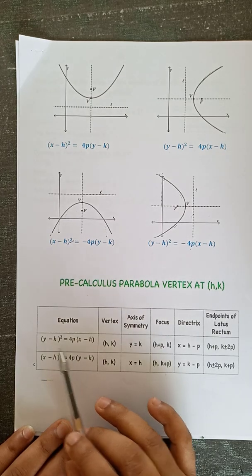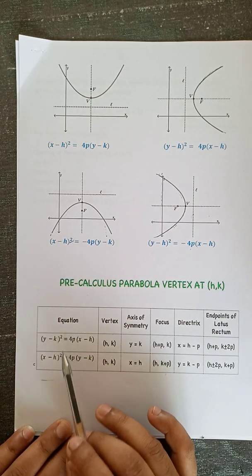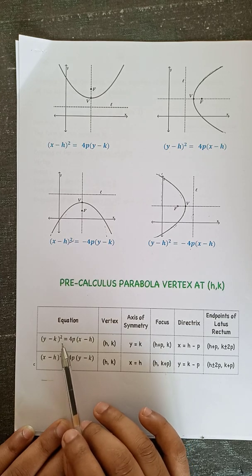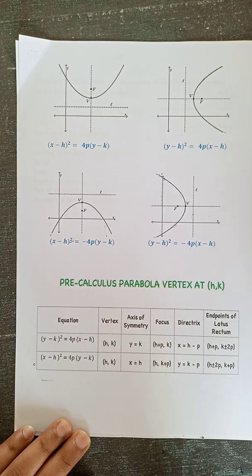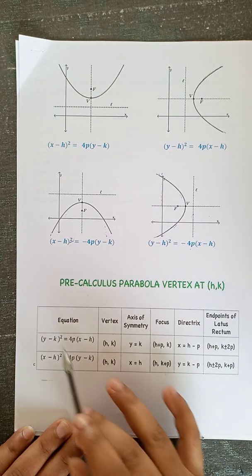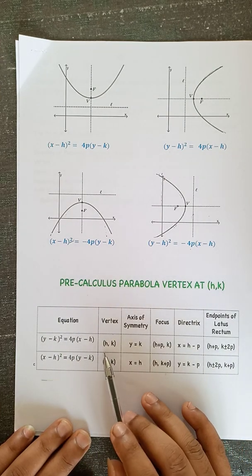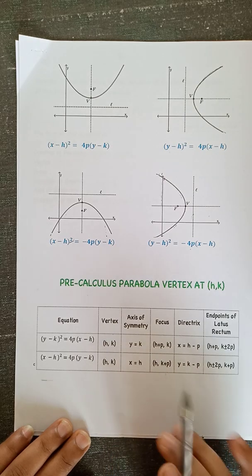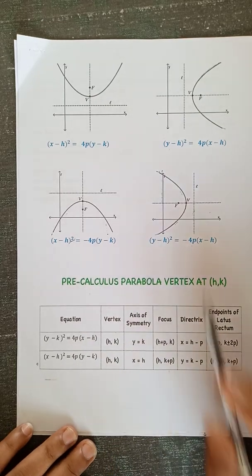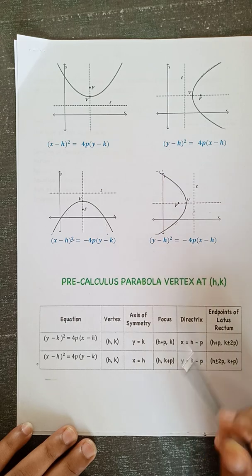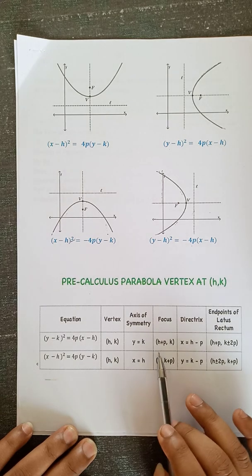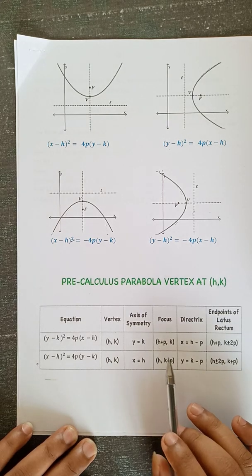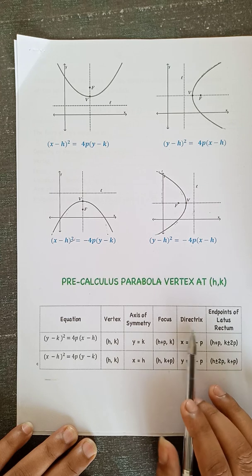So as expected, since y is squared, it is either going to the left or going to the right. So the vertex is still h and k. The axis of symmetry is at y is equal to k. The focus is h plus p and k.